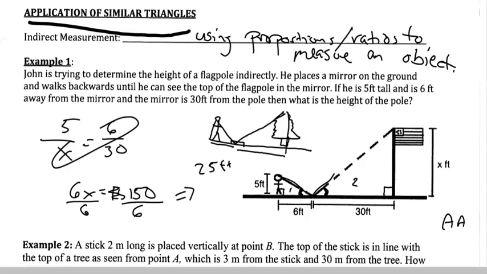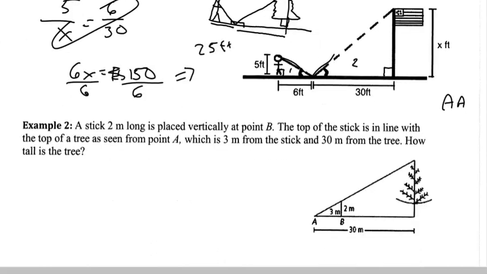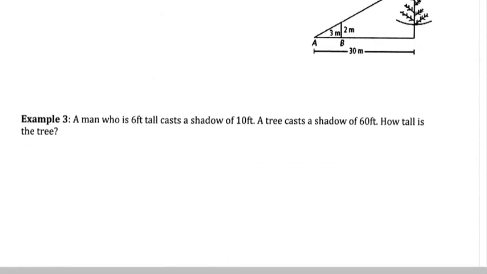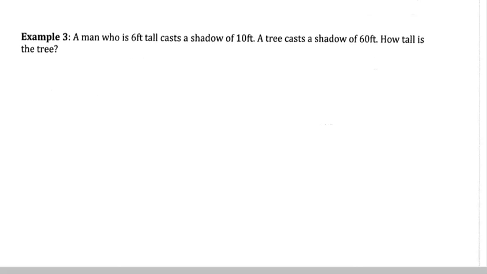Now, one other way that I want to note as we finish is, let's skip number 2 and look at number 3. You can also use shadows. As long as you do the process pretty quickly, you can use shadows to get similar triangles. Watch this. You have the sun, and the sun is shining down, casting a shadow. A 6-foot man will cast a shadow of 10 feet.